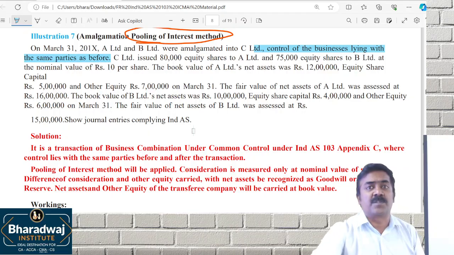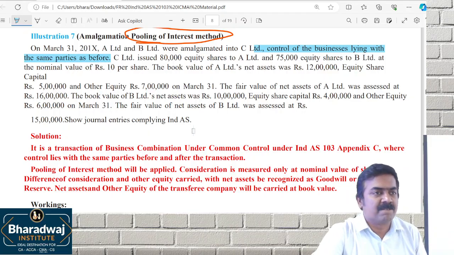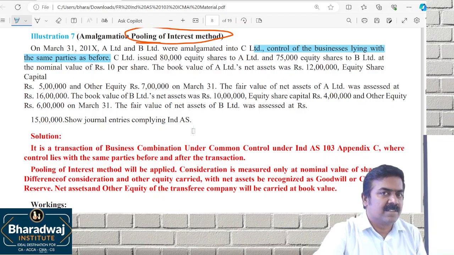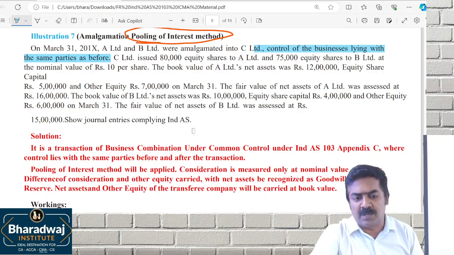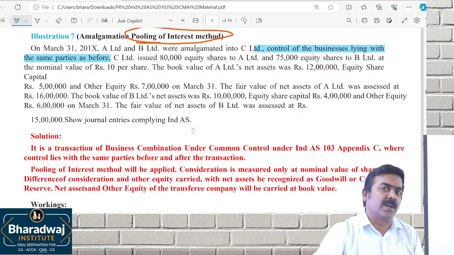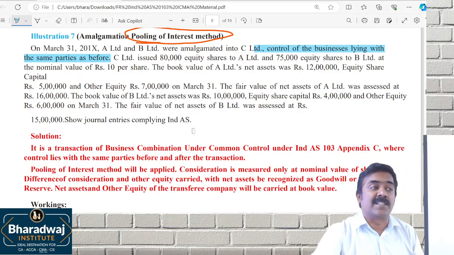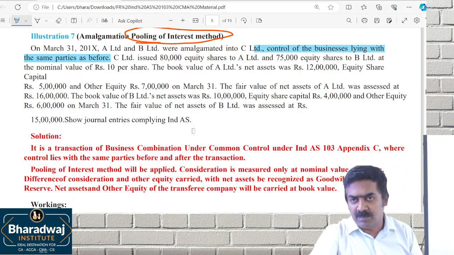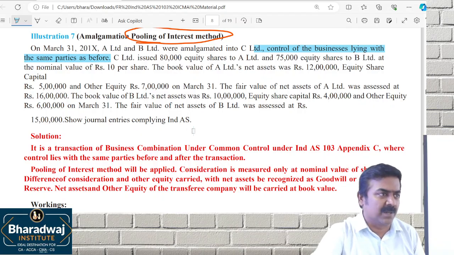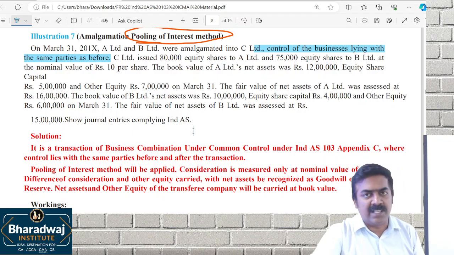Let us recap. What is the first one? It is also known as business combination under common control. What is the next one? Assets and liabilities are recorded at what value? Ignore fair value. Transferee's reserves will be merged with transferor's reserves.